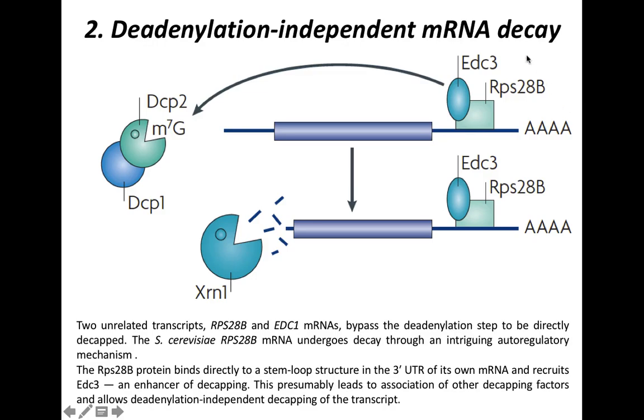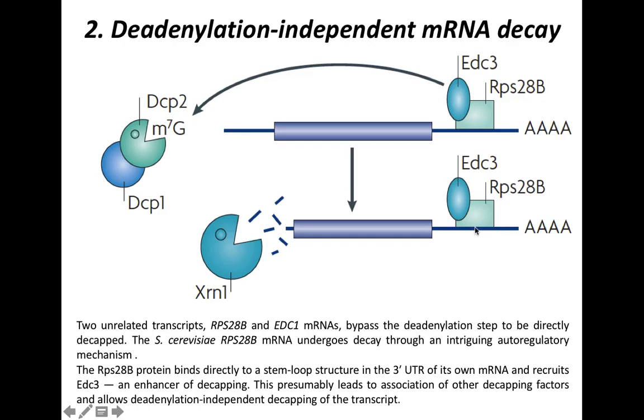They can bypass the de-adenylation step because they have a self-regulatory mechanism where they bind to their own 3' UTR, and they recruit an enhancer of decapping protein, EDC1 or EDC3, and these proteins have the ability to recruit other factors which can destroy the mRNA molecule at the 5' end. This is how they achieve degradation of their own mRNA molecule.